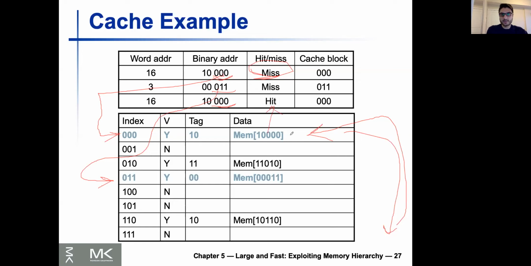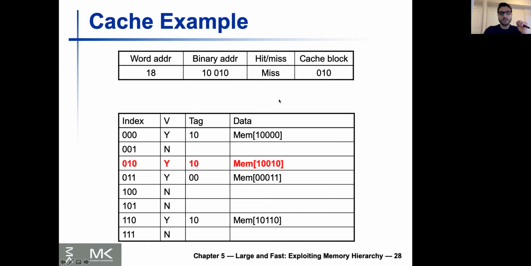Now we hit it. After one miss, we were trying to access the same thing, and now we hit. You see that the direct map is a pretty intuitive and straightforward method to access data. It has its own pros and cons, which we will see later on in this chapter. Then finally we have another one, and then we missed it again.